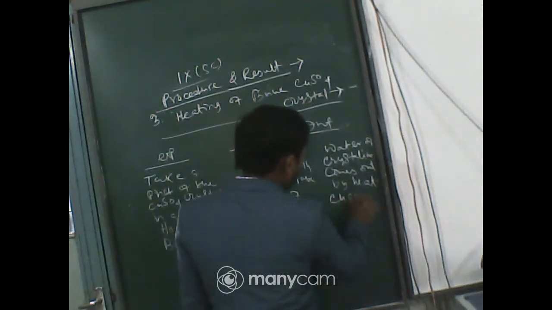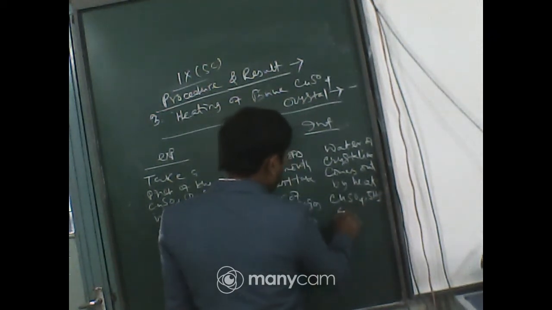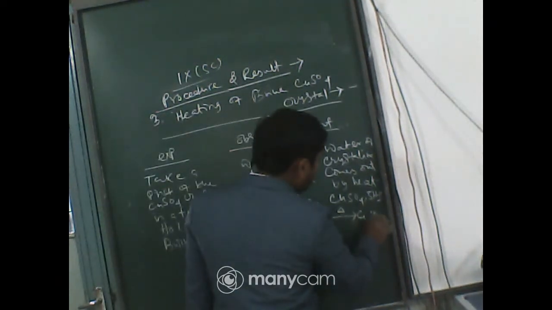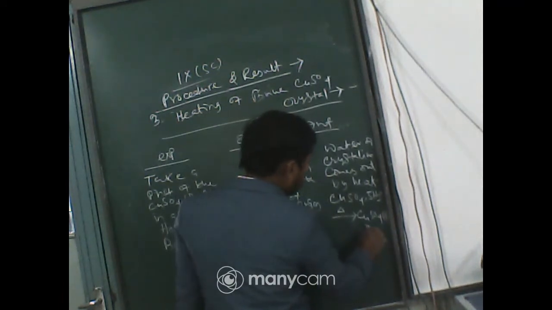CuSO4, 5H2O, then the delta sign represents heat. This will produce CuSO4 anhydrous, which is white, and this is blue.